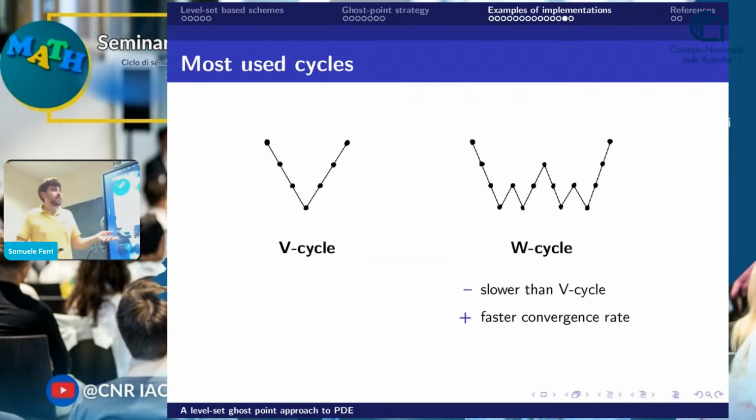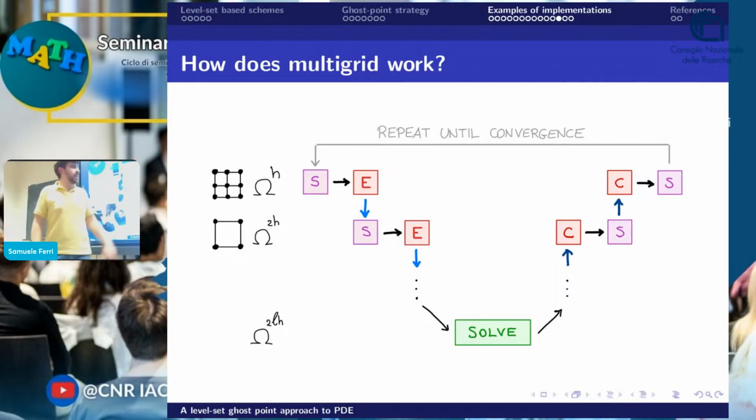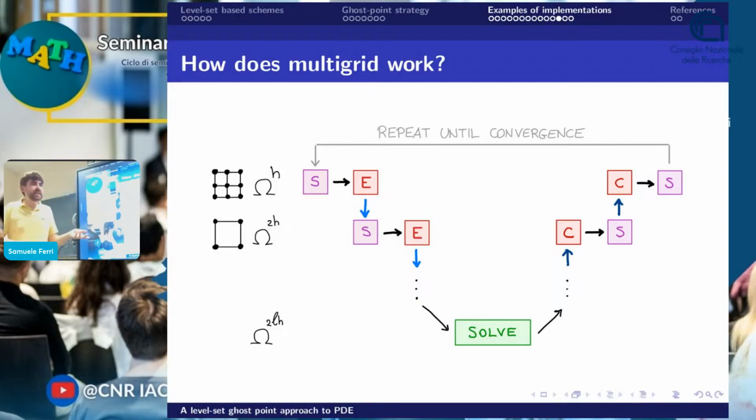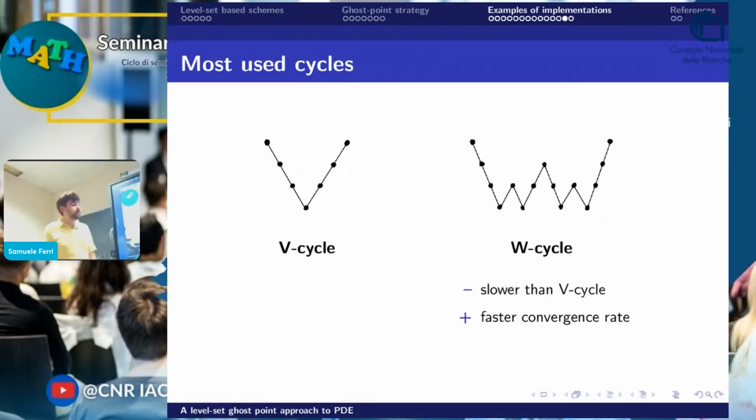Because in the multigrid approach, you need to solve the ghost linear system for each level every time, because each grid has, at some points, the same ghost points, but maybe there are some points which are ghost on the finest grid, but not on the coarsest.